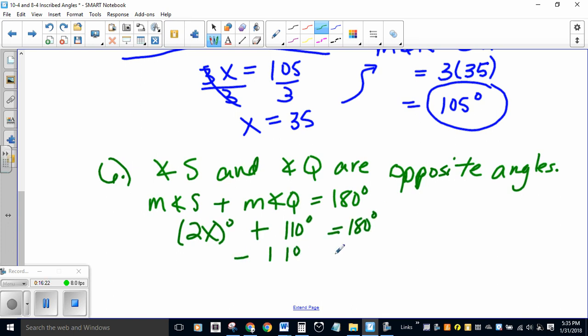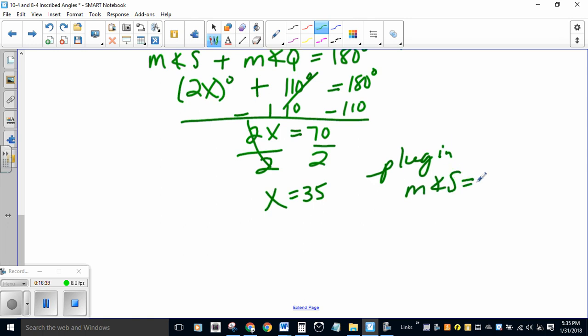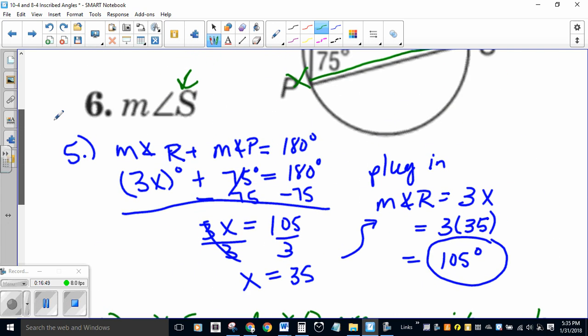Subtract 110 to move it to the other side. So I'm going to get 2x is equal to 70. Divide by 2. So x is equal to 35. Then I'm going to plug it in. The measure of angle S, which is 2x, is 2 times 35, which is 70 degrees. Okay? Because it says find the measure of angle S.